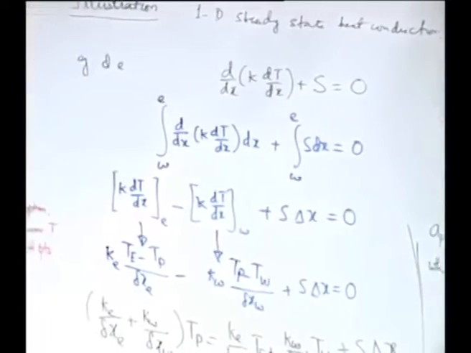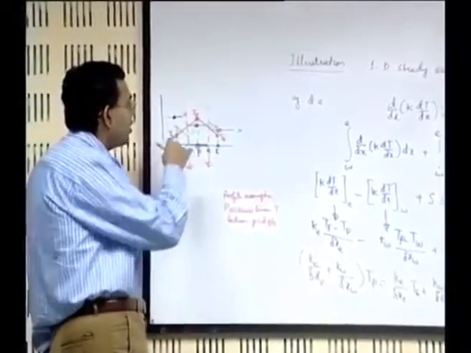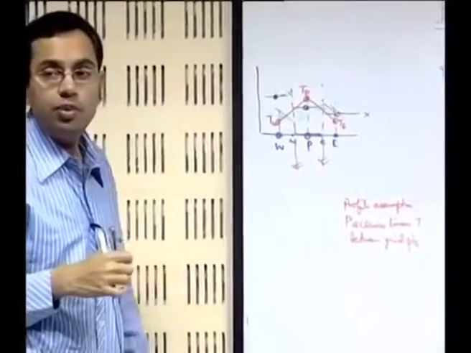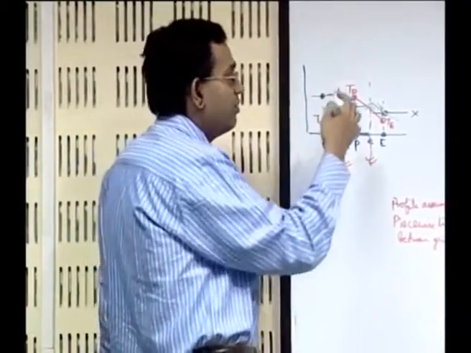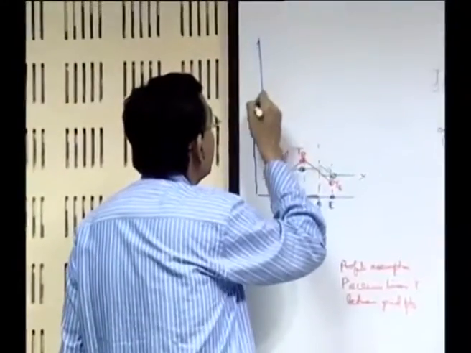Now one important question might come: would it have been better if you had considered a higher order interpolation function, say a second order interpolation function? So let us consider that.